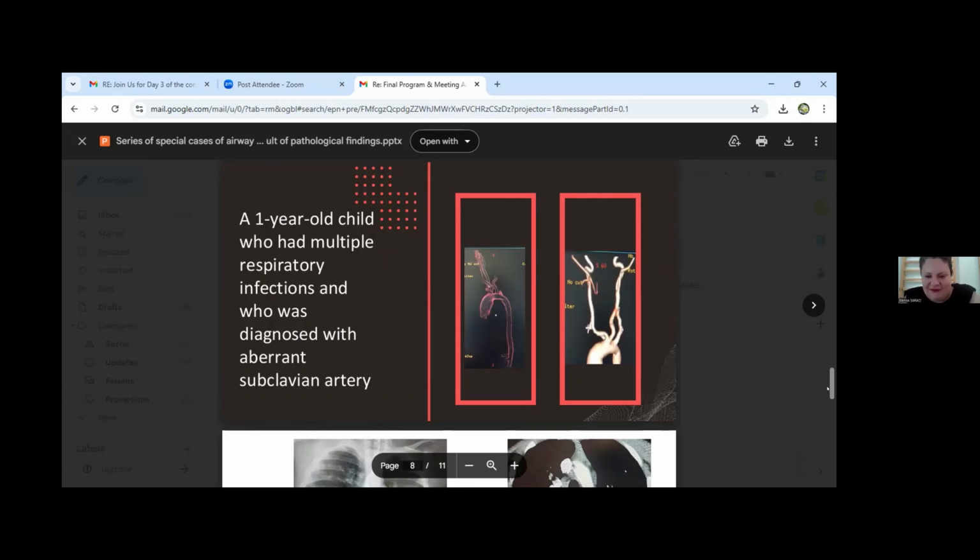You can see the reconstruction, and you can see that the subclavian didn't go through the correct track, and in this way the airway was trapped and can't be extended like normal, and this is the reason that the child has these recurrent infections.